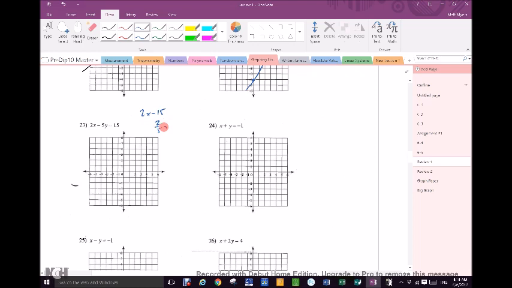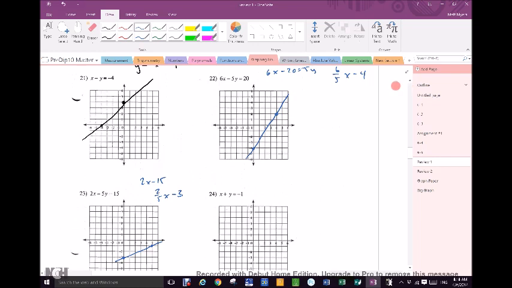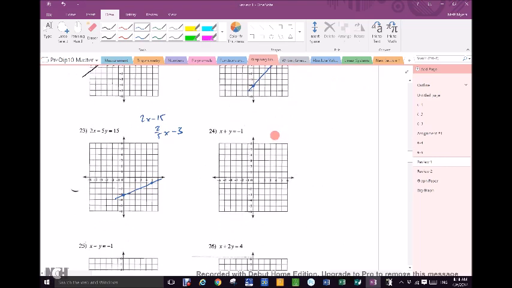That's y equals 2/5 x minus 3. I think you want 4 over for the graph on 22, not 5. Yeah, it's 4 over, not 5 over. You're right. Y equals negative x minus 1.